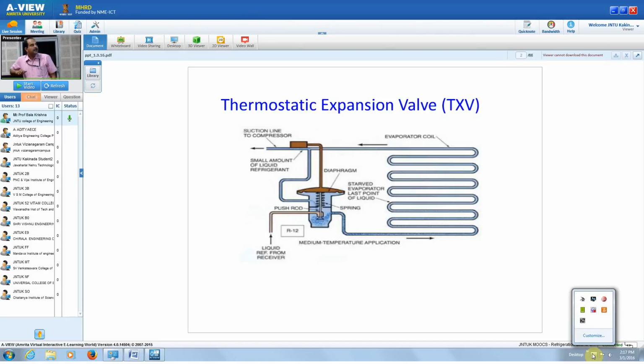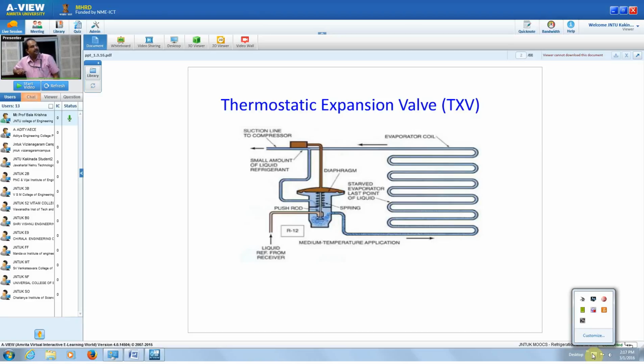Then it moves into the evaporator, where the refrigerant becomes a low temperature, low pressure vapor, right? It enters here, and the last point of the liquid stays here in the evaporator.